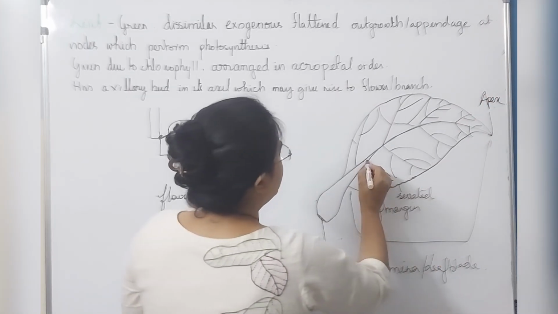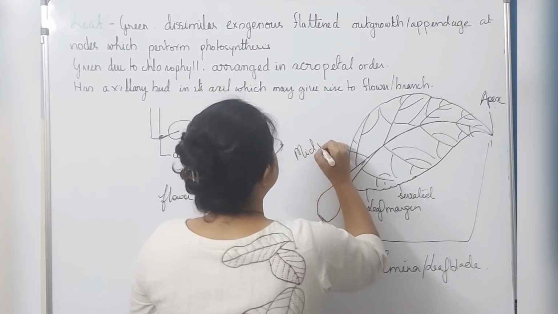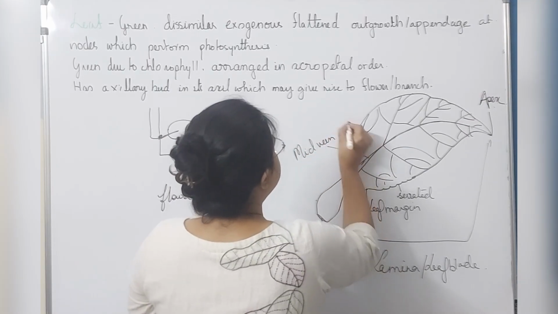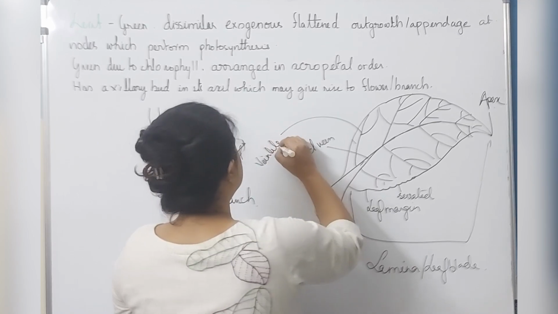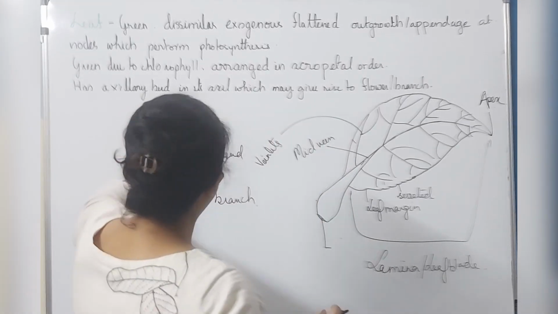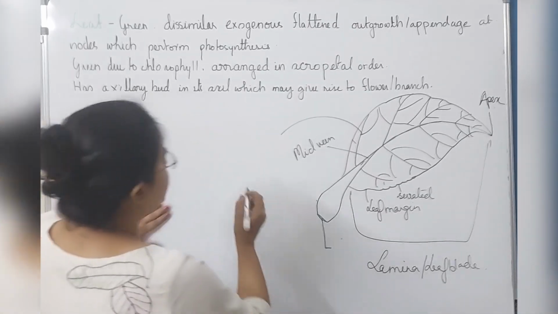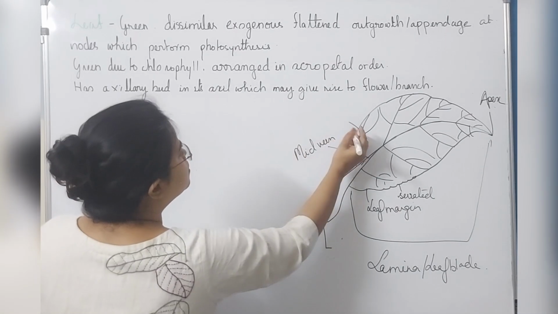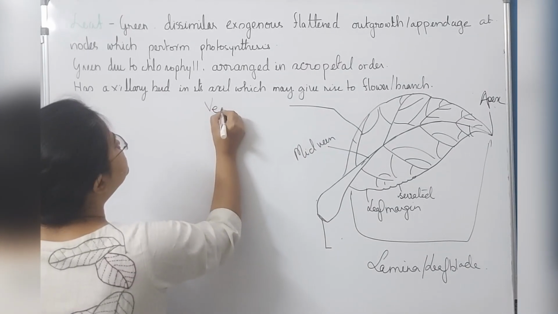Okay, ये है, this is the mid vein, and these are the veinlets. मैं इसको रब कर देती हूँ, then it will be easy for me to. This is the mid vein, and they are the veinlets.